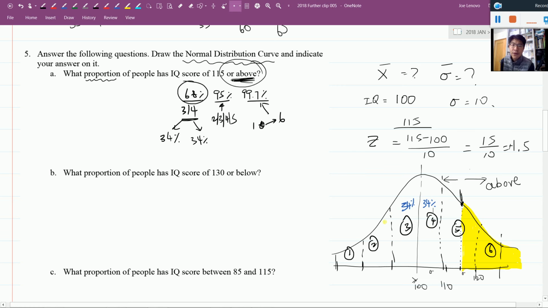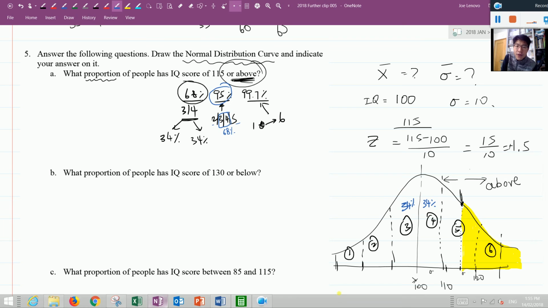Then if you look at 95%, 3 and 4 make 68 already. And 2 and 5 are symmetrical. So 95%, take away 34, take away 34.